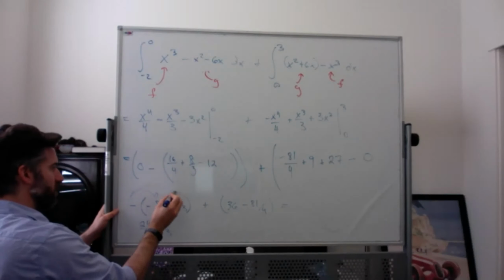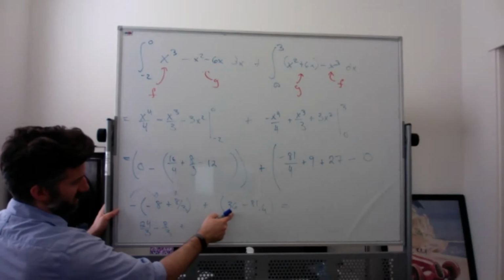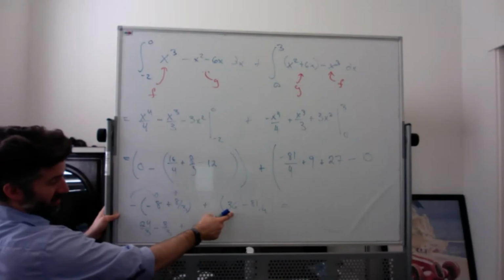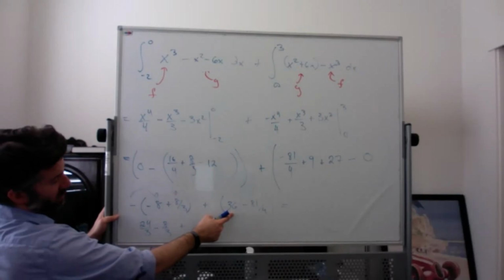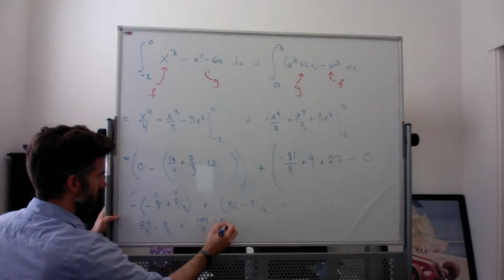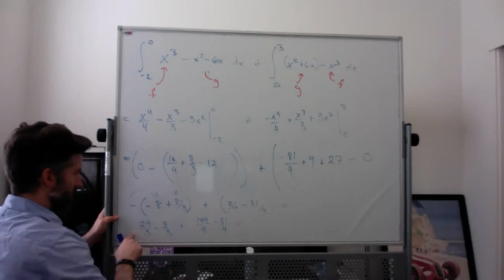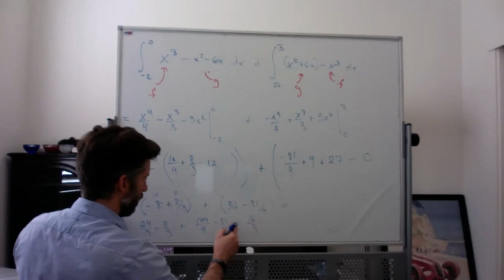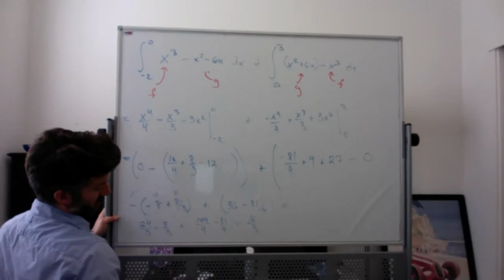Distributed the minus sign. And then 36 times 4 over 4. Let's see, 36 times 2 is 72, times another 2 is 144 over 4 minus 81/4. Let's say I get 16/3. 144 minus 81 is 63/4.